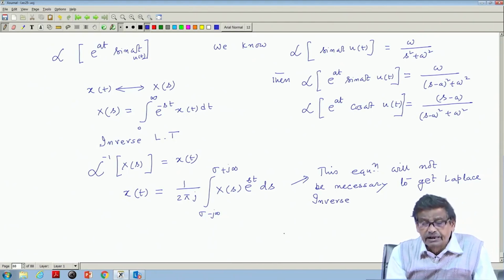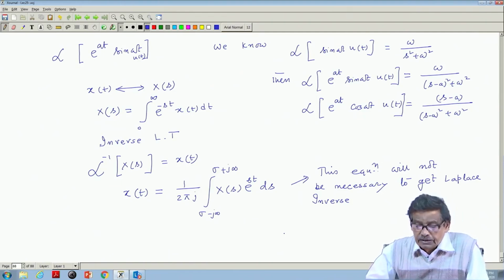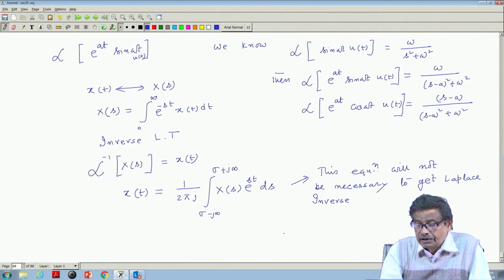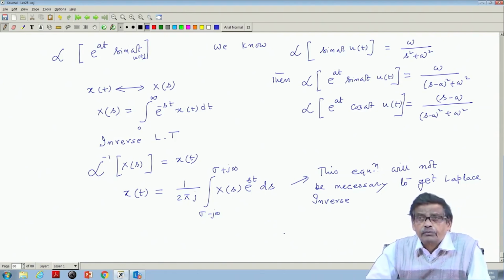In fact, we will try to avoid the use of this rather complex looking equation: x s is known, multiply with e to the power s t, integrate it, get the time domain description.